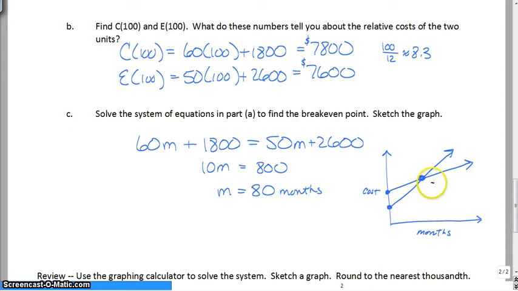And here's a nice little representation of our 80 comma $6,600. Once you solve it, all you had to do is substitute the 80 back in for one of those, and you get your intersection. That's when they become equal. Anything after that, it's better to go with the more expensive unit up front.